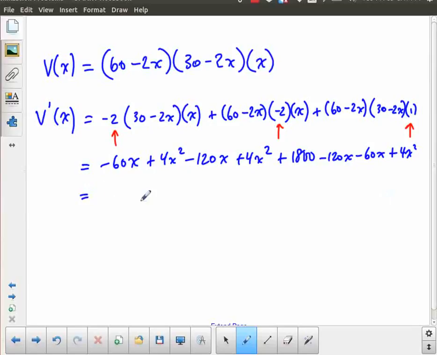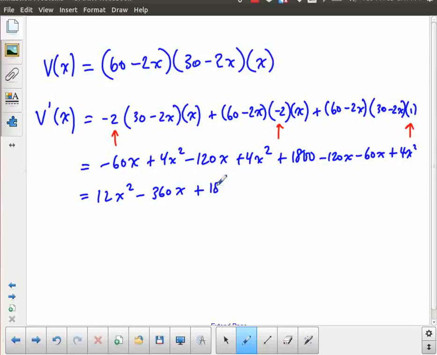I'm going to gather like terms. 4x squared, 4x squared, 4x squared. I end up with 12x squared. And then I have, let's see, for my x's, I have minus 180x, minus 300x, minus 360x. And finally, I have, let's see, for my constants, 1800.